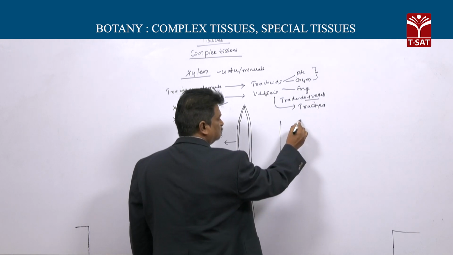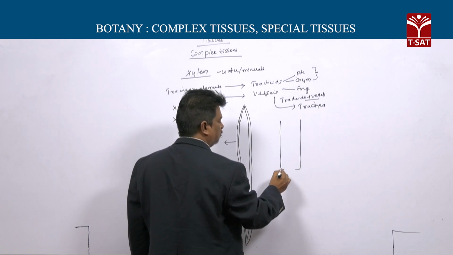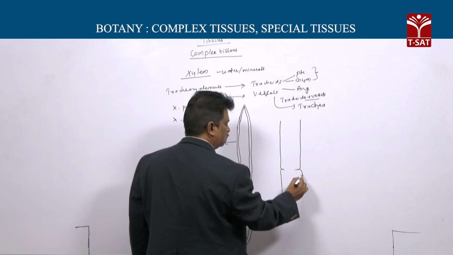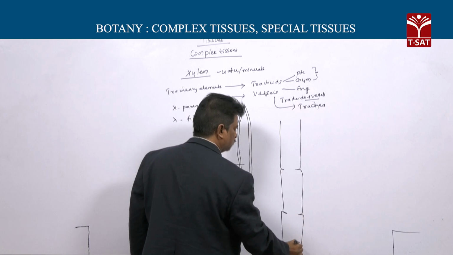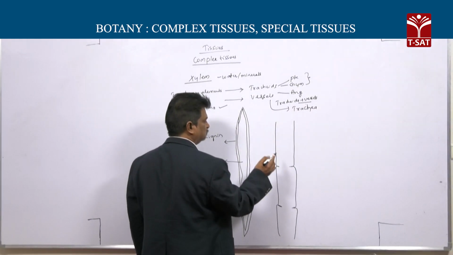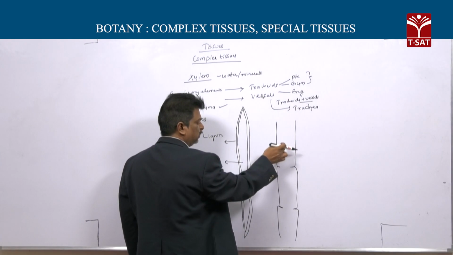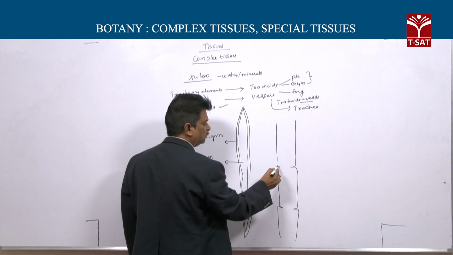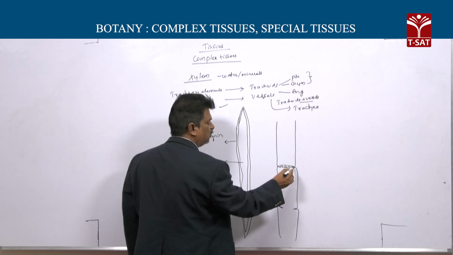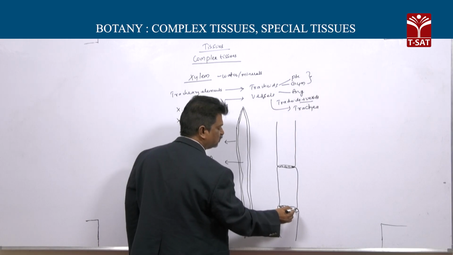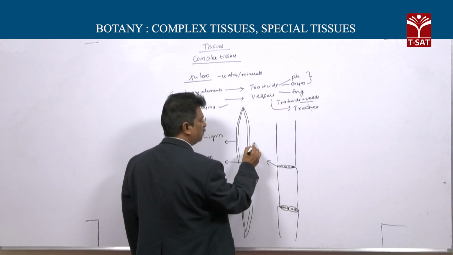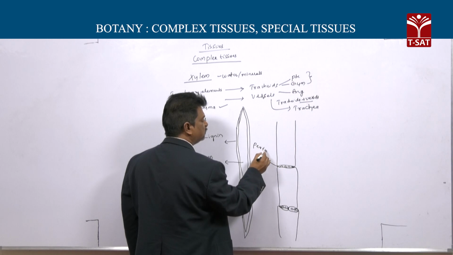Vessels are many xylem elements or xylem cells, all placed one above the other and forming a row of cells. Then in the end walls, perforations are formed. This end wall with the perforations is called a perforation plate.